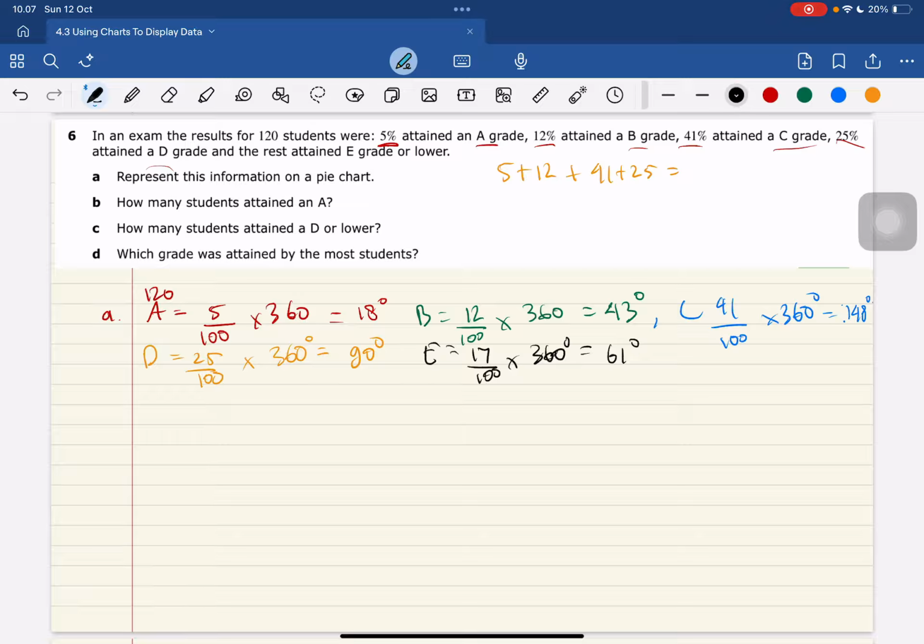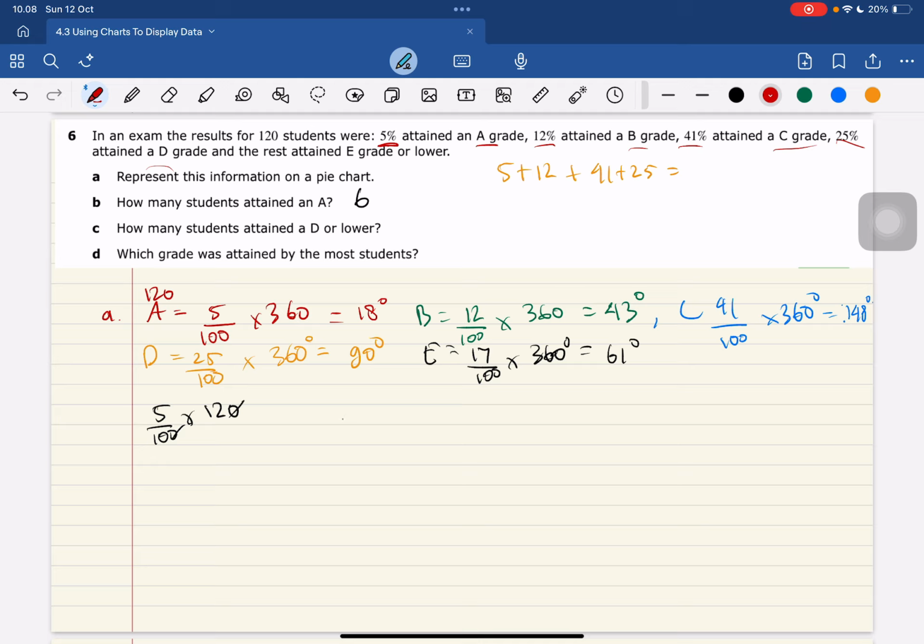So B, how many students attain an A? So let's make it 5 over 100 times 120. So its total is 6. Next, how many students attain D or lower? D or lower. So how many percent is D? 25 and 17.